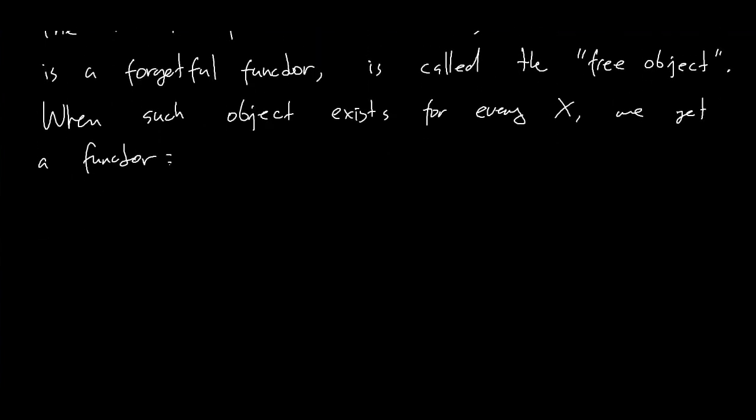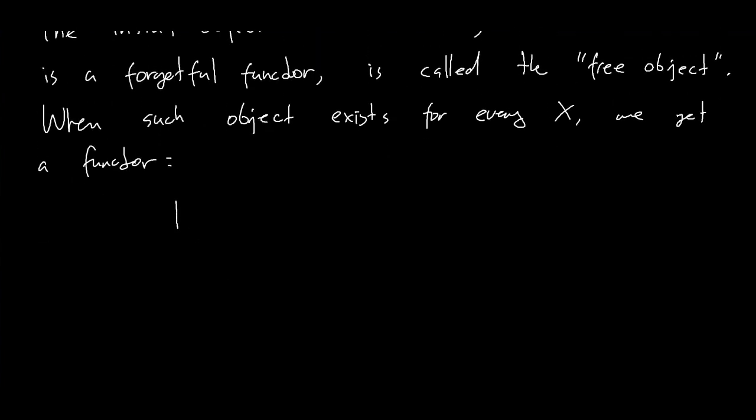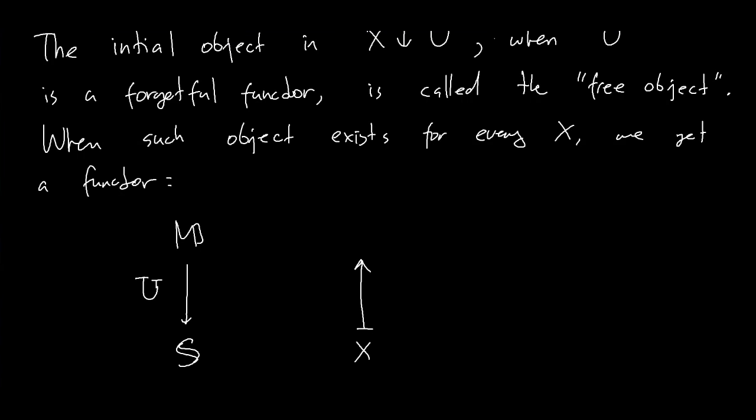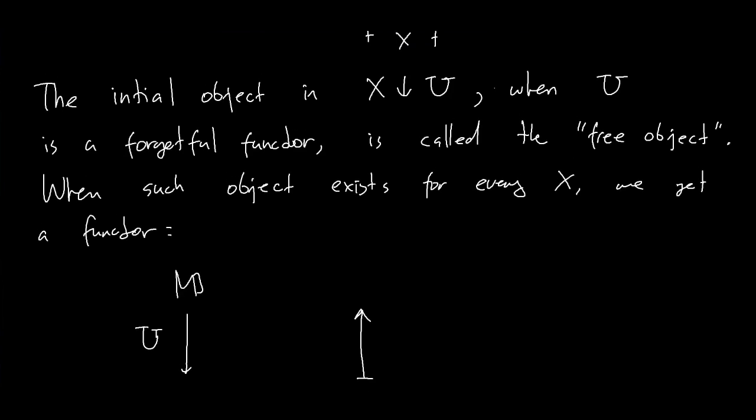So for each x, let me first draw the category M, the category X, wait, sorry, we had S here, and U. So I could take X and assign to it, okay, first we need the notation for that initial object.